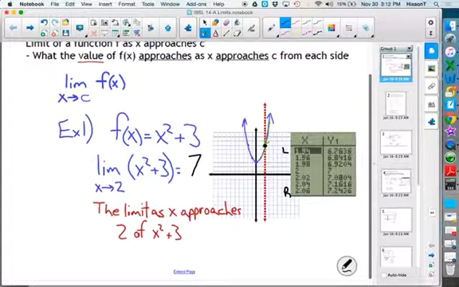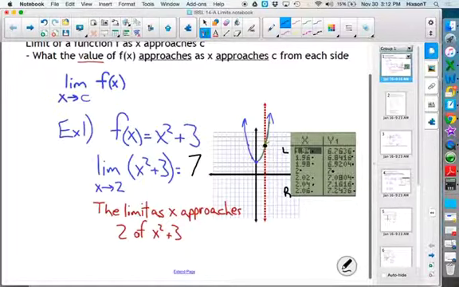As x gets closer and closer to 2, the value of y starts below 7 and gets closer and closer to 7. Here, as we start off to the right at 2.06 and come back towards 2, we were above 7, and now it's decreasing, approaching 7.